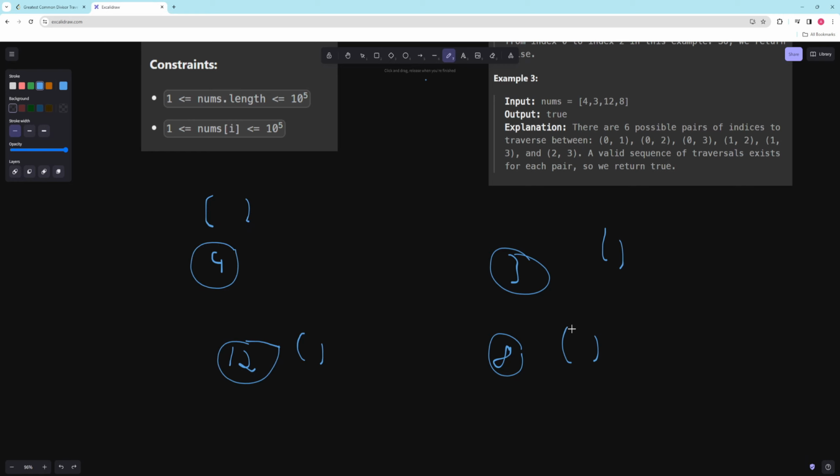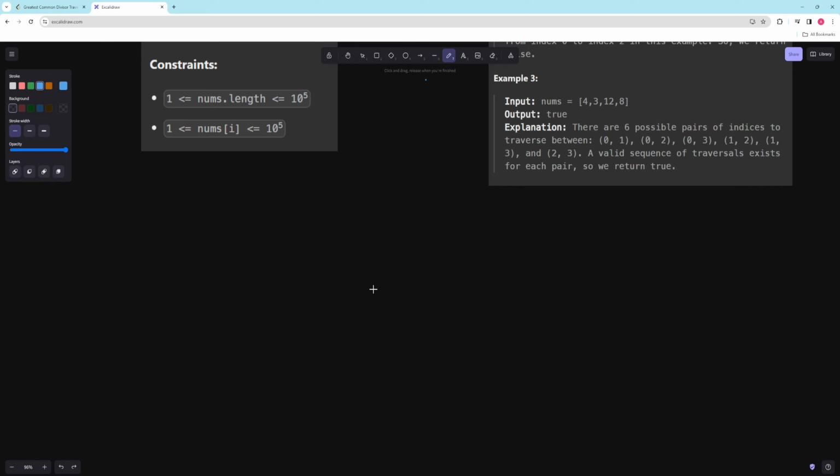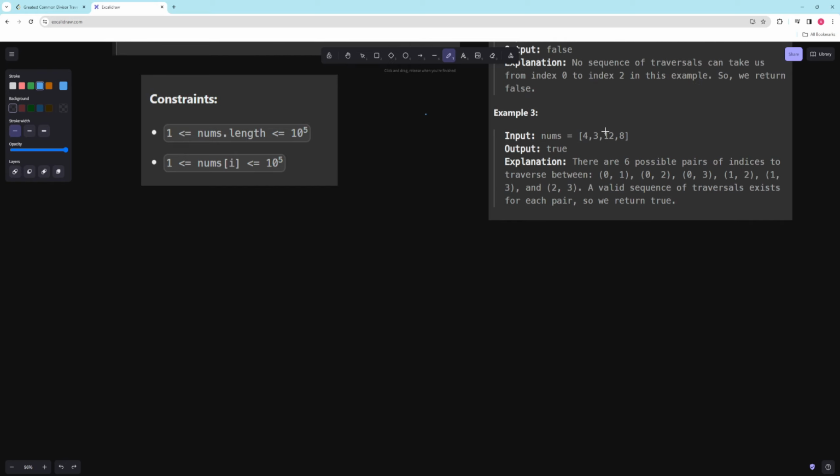Even if you can get all the prime factors of a number in O(1) and compare them in O(1), it would still take too long because comparing every index to every other index is n squared. But in this case, it's not O(1). So instead of comparing the actual numbers, we can just compare the factors.